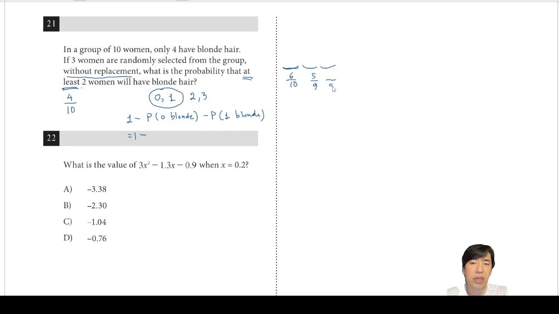And for the last one we have 8 remaining, and the number of women who are not blonde is 4. So multiply all these 3. So that's 120 over 720. That's 1 over 6. And minus probability of choosing 1 blonde.